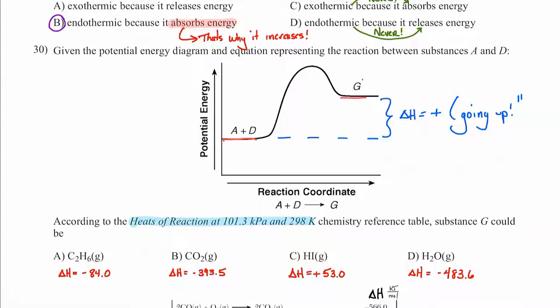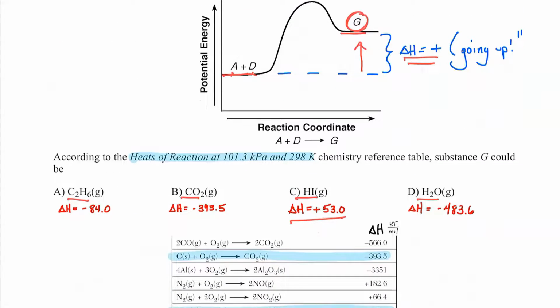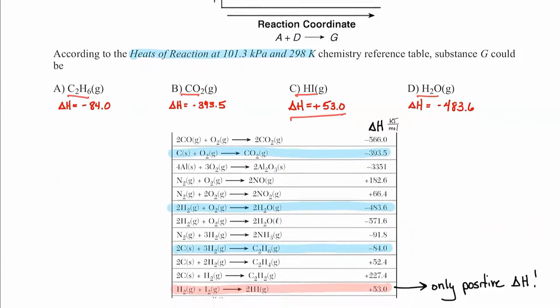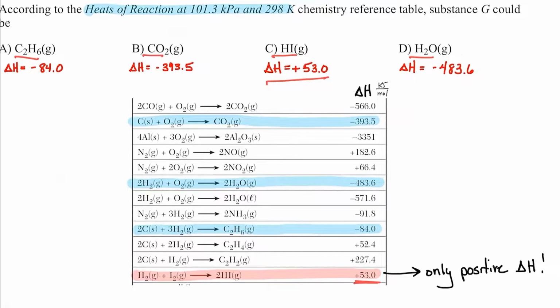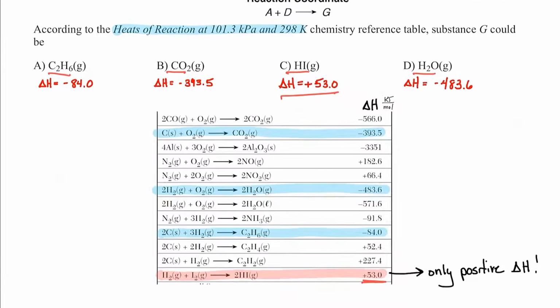Well, substance G, as we're making this from A and D, is a possible product being made from its reactants. Because it's endothermic, I'm going up in here. It's got to be positive. So when you look at Table I, look for these reactions, and here they are in all their glory. There's only one that's endothermic, the only one of the 4 choices. So, of course, it would be C.